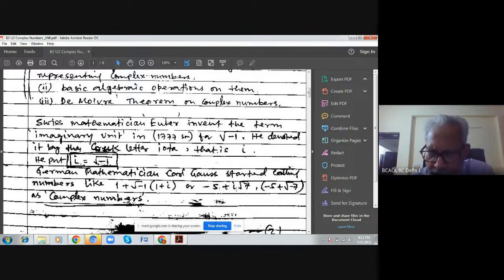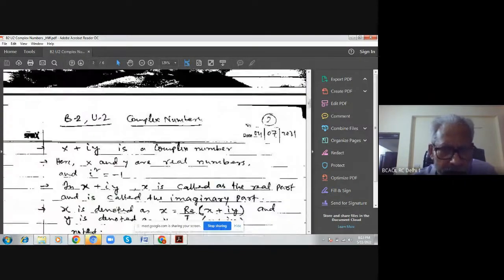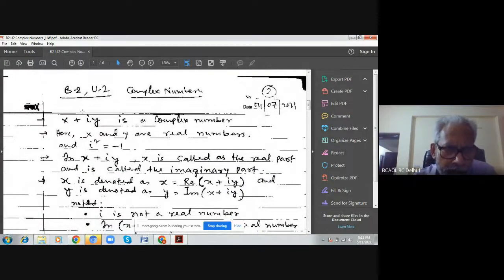It is not easy; some imaginary part is there. So we can combine them and say it is a complex number. So I have tried to give you the basic idea. After that we'll go for examples. So x plus iota y is a complex number.